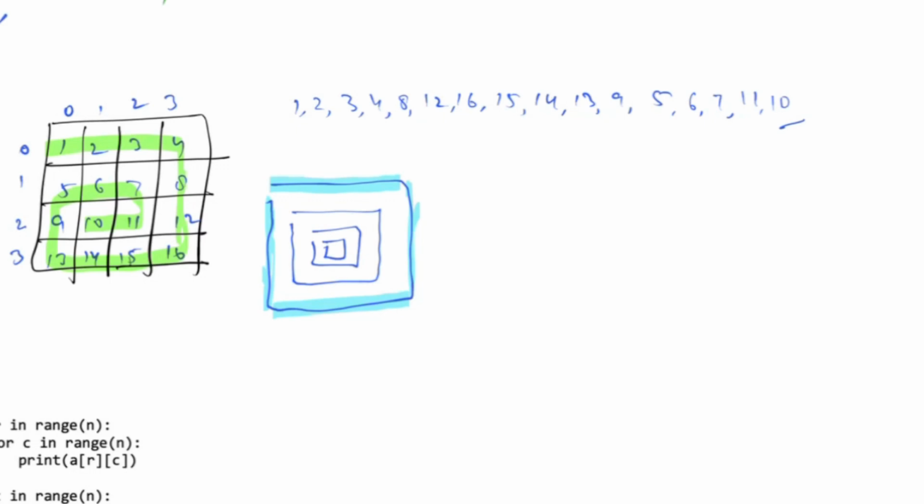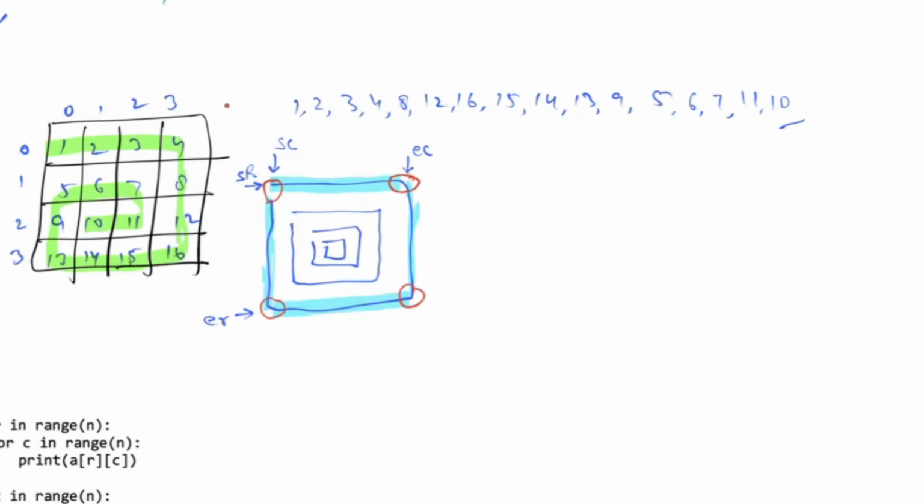So what do I need for this? I need the starting row. I need the end column. I need the end row because I'll be printing the end row, last row, in reverse order. And I need the starting column. And obviously, I will have to make sure that the corner elements do not get printed twice, right?